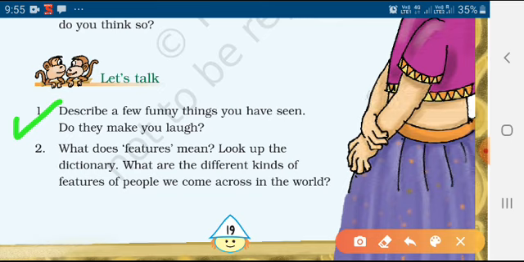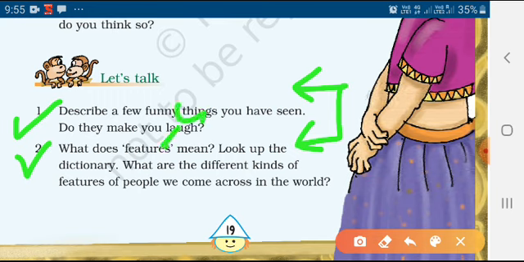Can you imagine some funny thing like a nose which makes you laugh? So think about that. And the second is, what does feature mean? Look up the dictionary. And what are the different kinds of features of people we come across in the world?